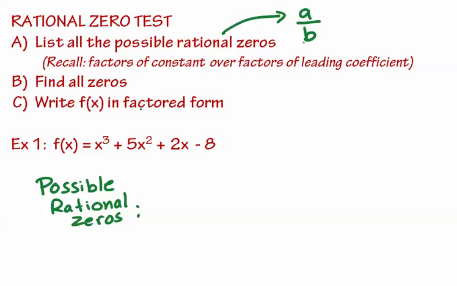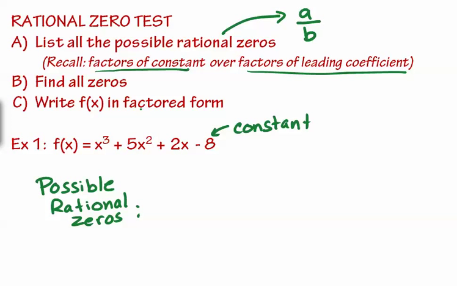It doesn't tell us the answer, but it gives us a list to choose from. And the possible rational zeros are of the form the factors of the constant over factors of the leading coefficient. So look at this example. Our constant term has several different factors.